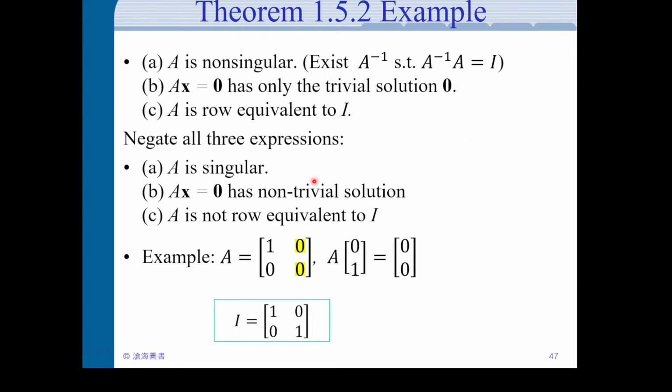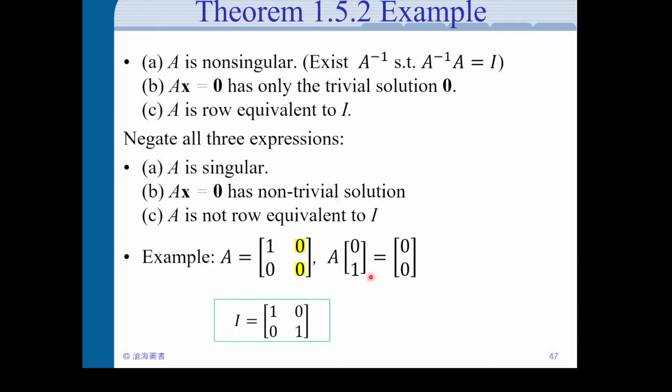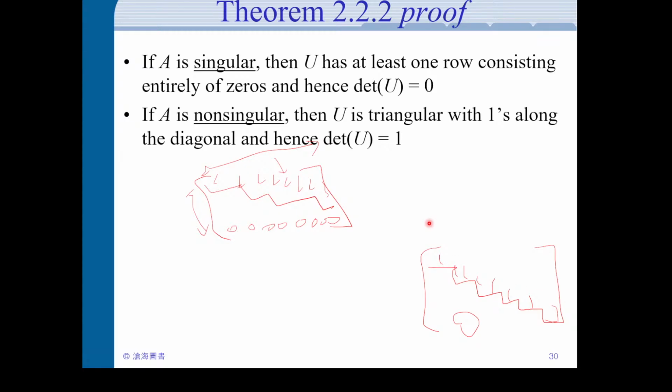If we negate this, then A is singular if and only if A is not row equivalent to the identity. Now we go back to chapter 2.